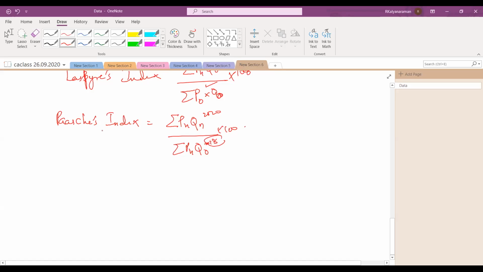There is another index number called the Marshall-Edgeworth. What this combination has done, they have taken the quantity average.